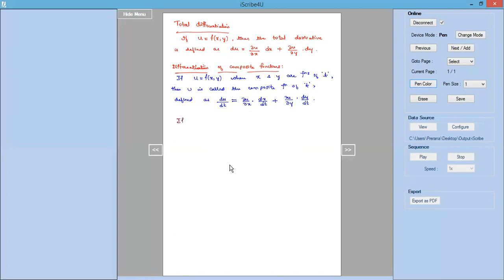If u is equal to a function of x comma y, where x and y are functions of two independent variables r and s, then u is called the composite function of two variables r comma s, and it is defined as follows.